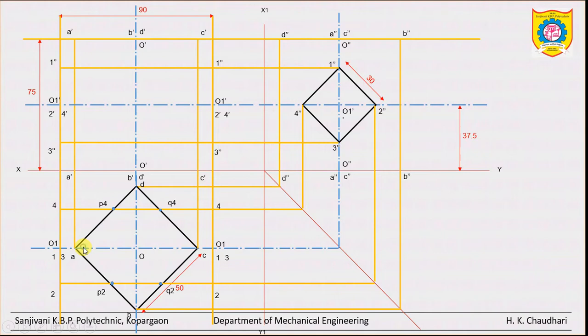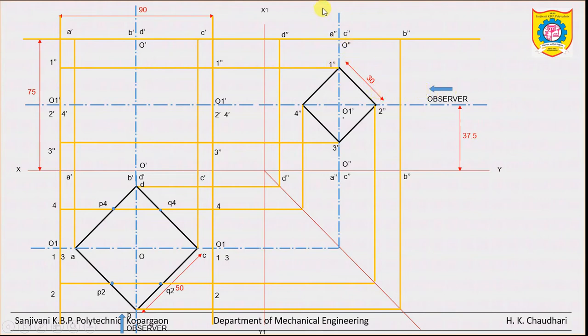How will we get them? First of all, locate the observer. Here, this is the top view and we are observing from our side. Clear? And here in the side view, locate the observer, and he is observing from this side.